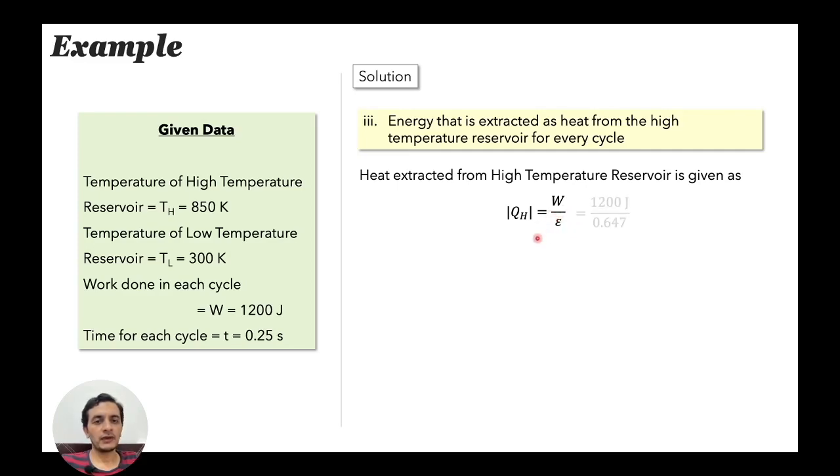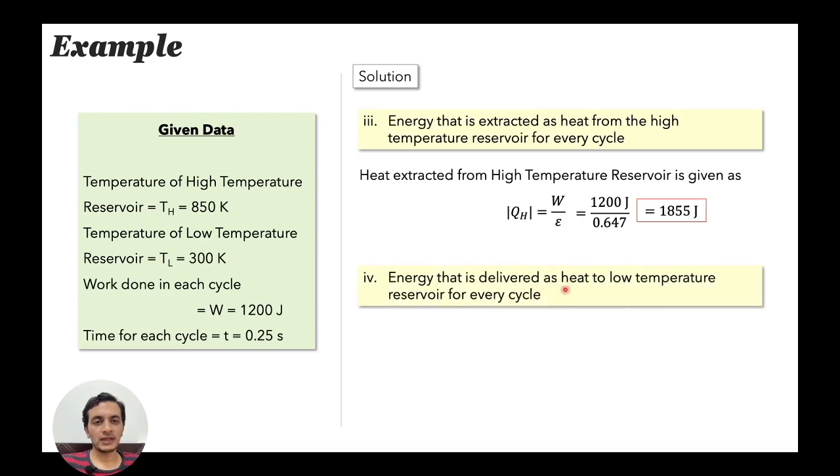So we put these values here: 1200 joules divided by 0.647, which we calculated in part number 1 of this example. So we get 1855 joules. This is the energy extracted by the Carnot engine from the high temperature reservoir. The modulus sign indicates that this is a magnitude.